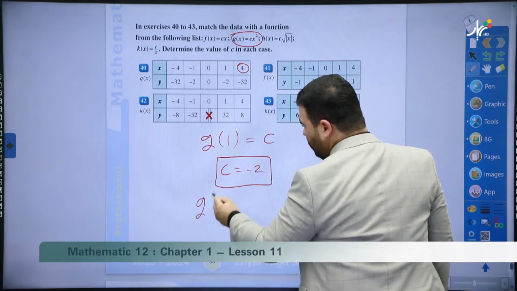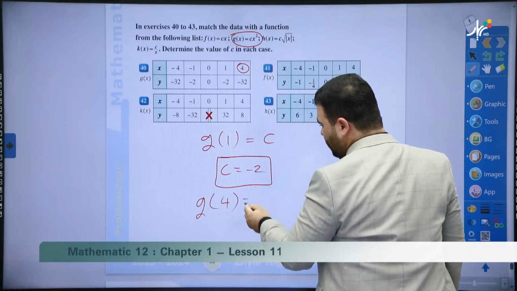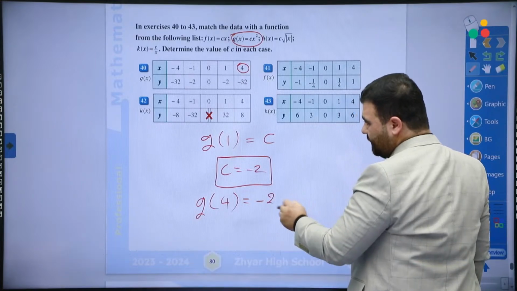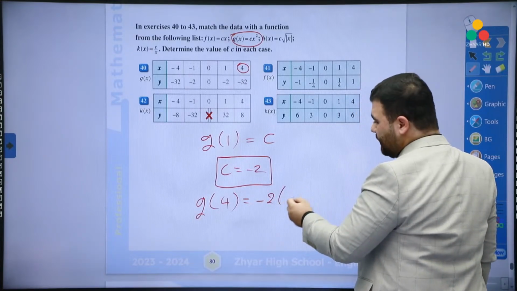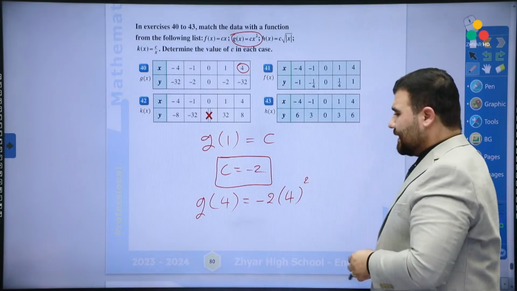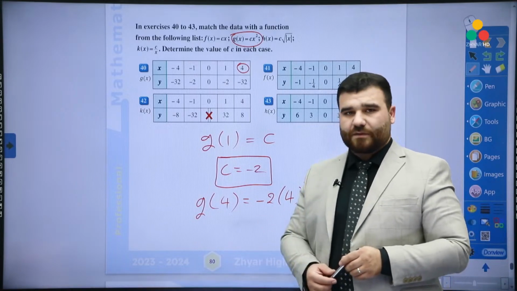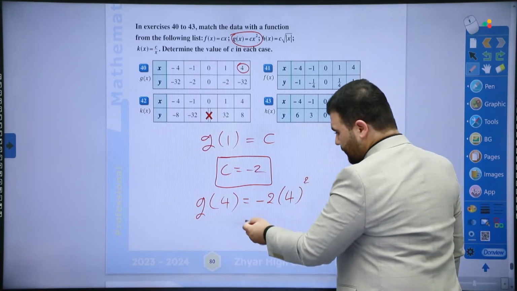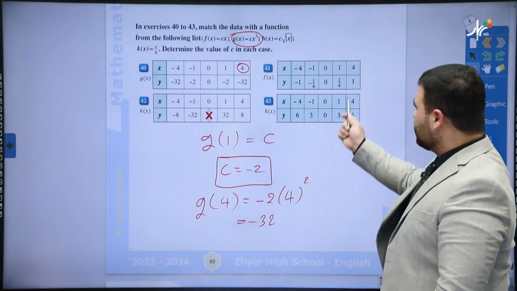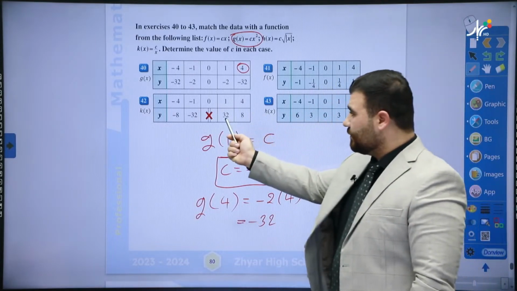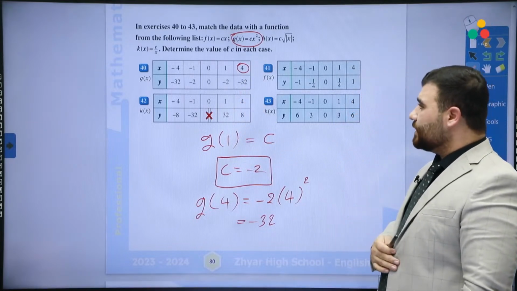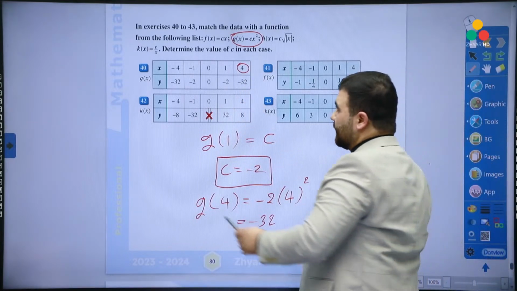Okay, g of 4 is equal to, I said c is negative 2, so let's put negative 2 in place of c, and then x squared means 4 squared. 4 squared is 16. 16 times negative 2 is negative 32. This is the only negative 32 in the list. Then question 40 belongs to g, and the value of c is negative 2.